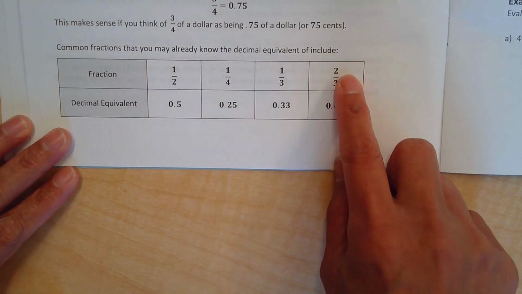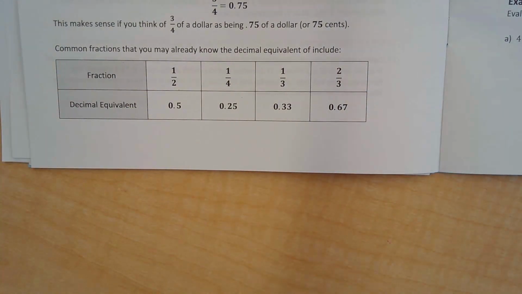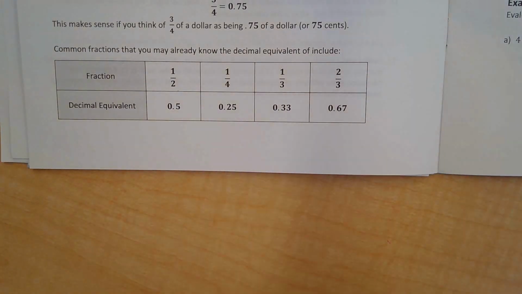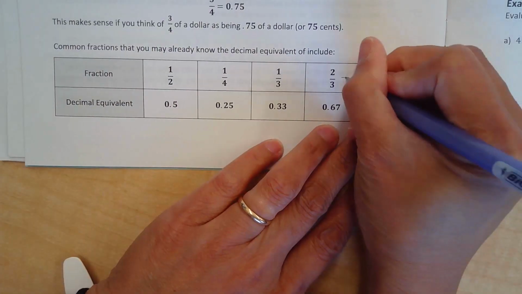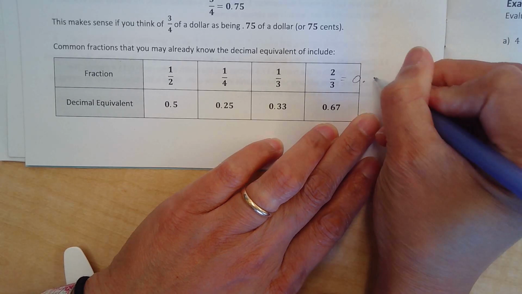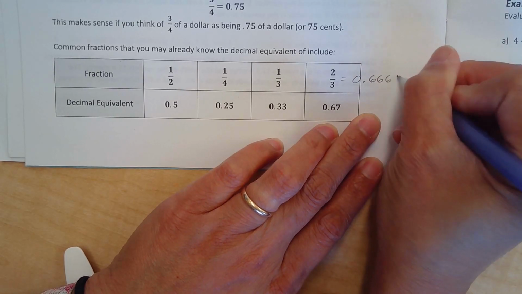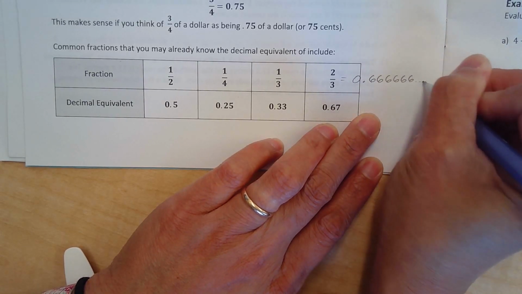Okay? Now let's try this one, 2/3, or 2 divided by 3. What number did you get? 0.6, and a whole bunch of 6's, right?